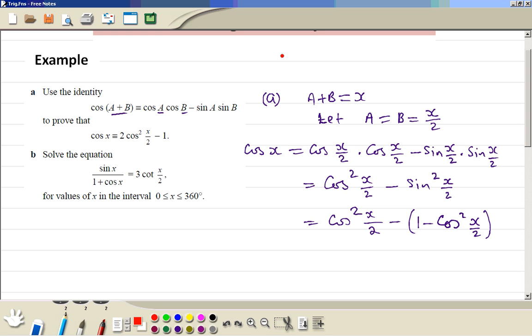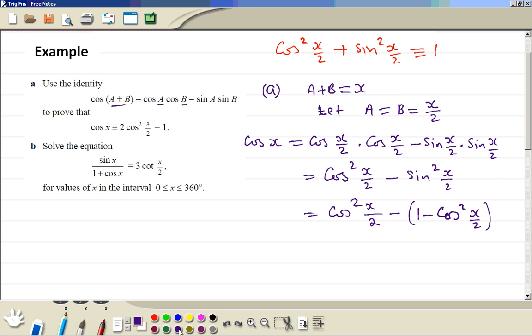This is the identity talking about cosine squared of any angle plus sine squared. This can be any angle here, it's always 1, regardless of what angle it is. So if it's x over 2, it's still true.